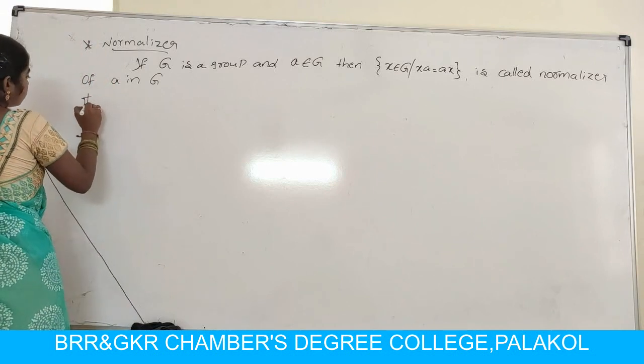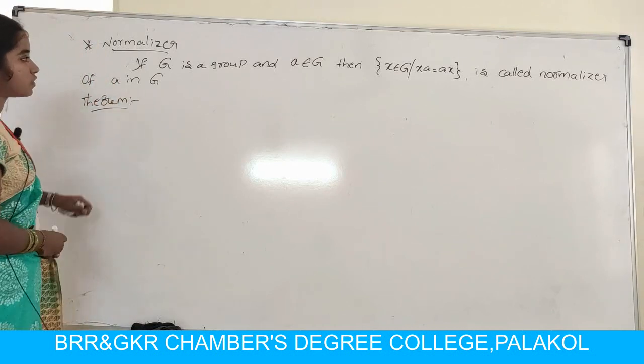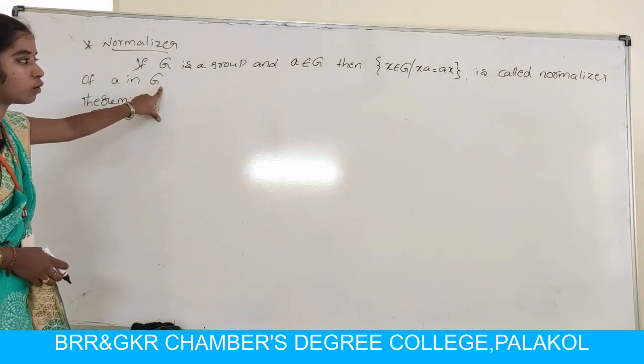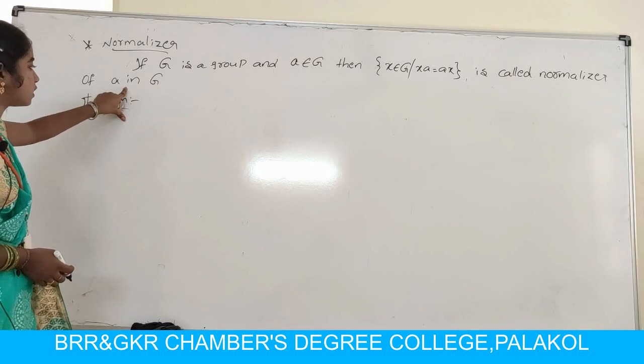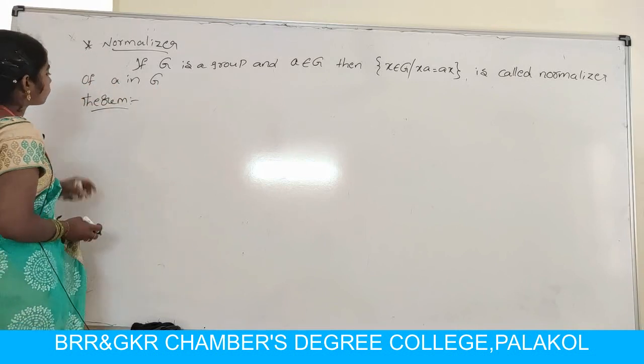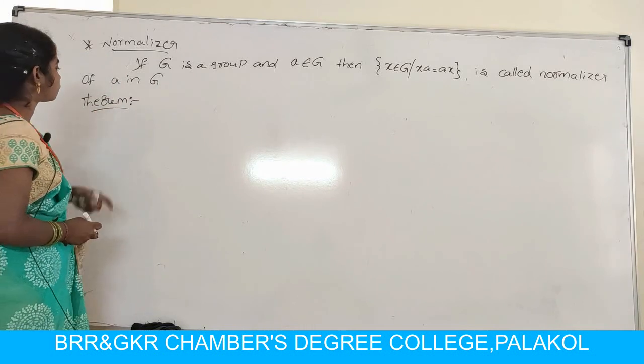Theorem: if G is a group and A belongs to Z, then the set of x belonging to G such that xa equals ax is called the normalizer of A in Z. So by using this definition, we solve the theorem.